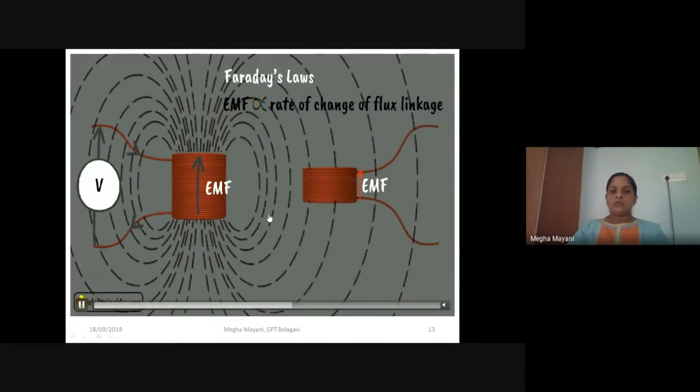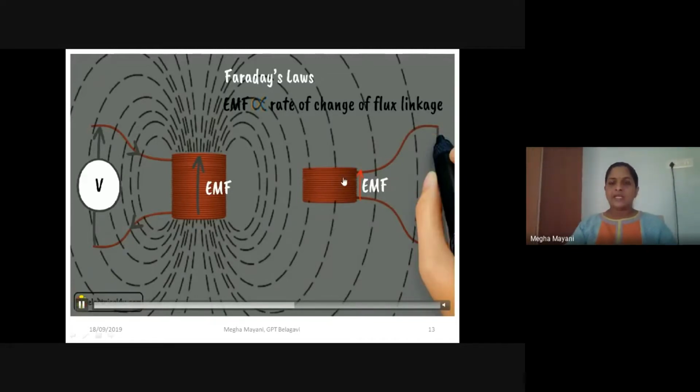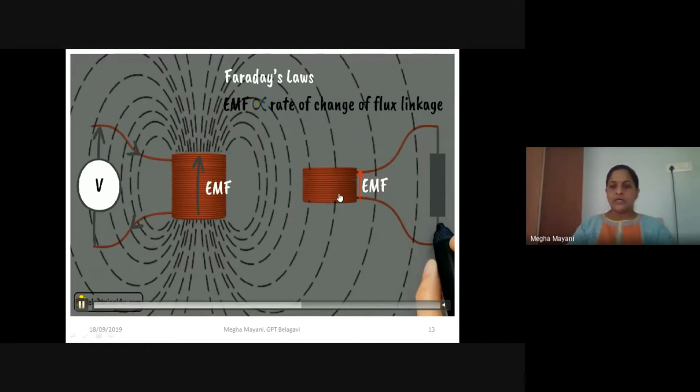Now, to understand, the EMF induced in this coil will be directly proportional to the rate of change of flux. If you want to know what the EMF induced in this coil due to the first coil is, we can connect a load across the secondary, or the second coil, and try to measure the voltage across that load.